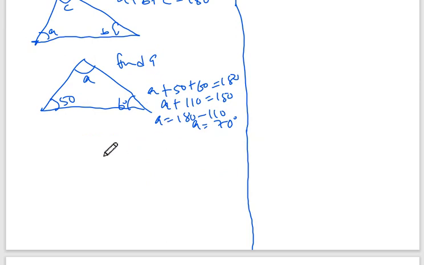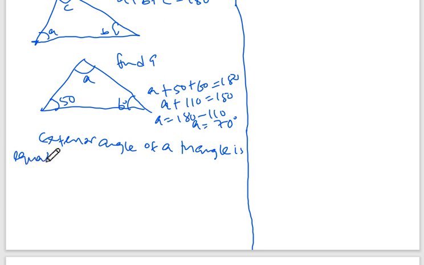Another theorem states that the exterior angle of a triangle is equal to the sum of interior opposite angles.